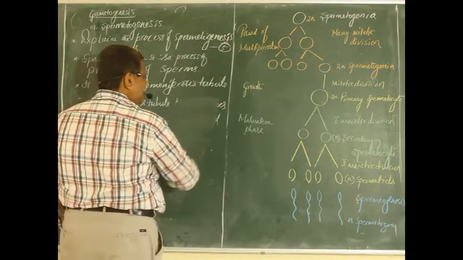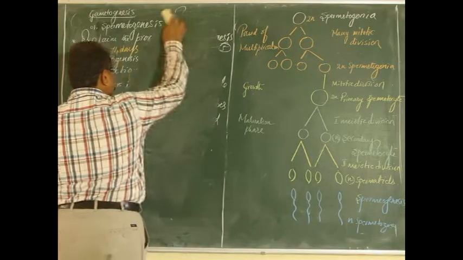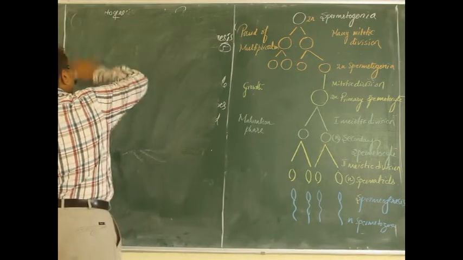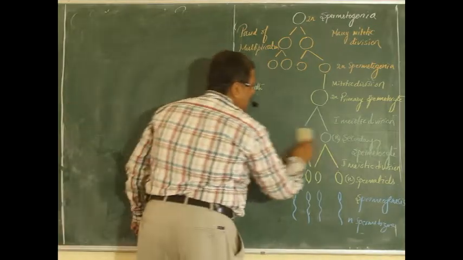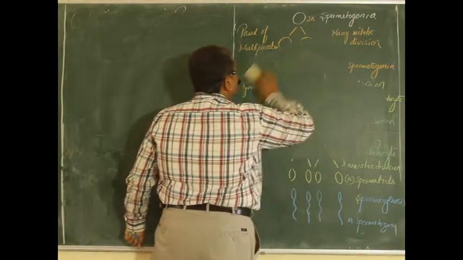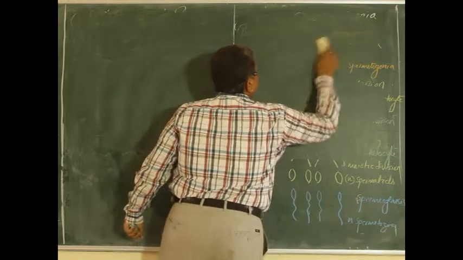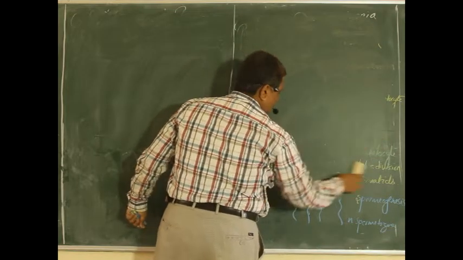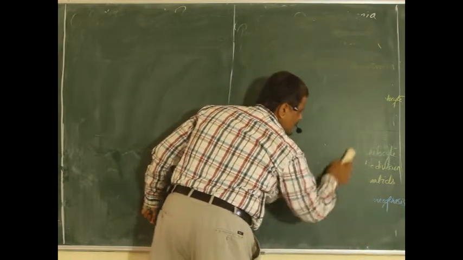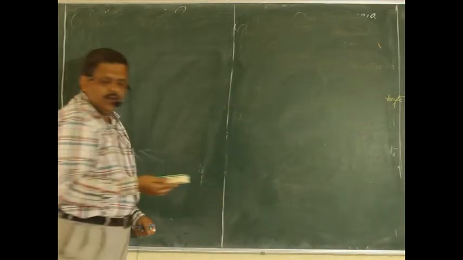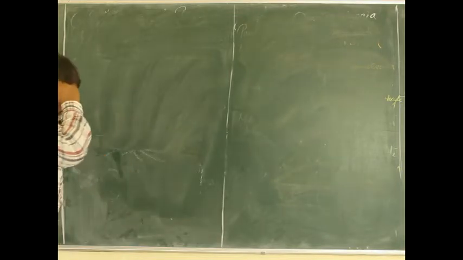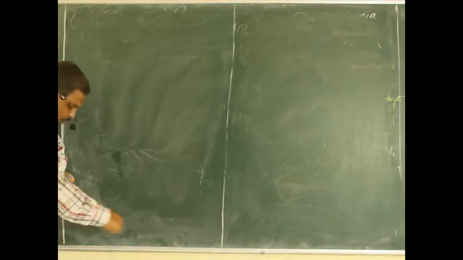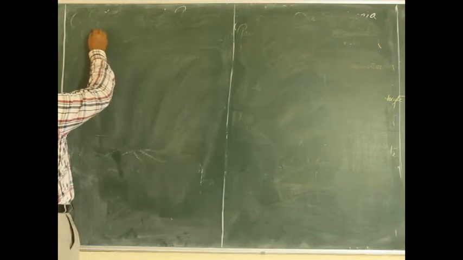And how exactly does this mechanism of spermatogenesis occur? In the hypothalamus, there is a hormone which stimulates the pituitary gland. And what is that hormone? That hormone is called gonadotropin releasing hormone.